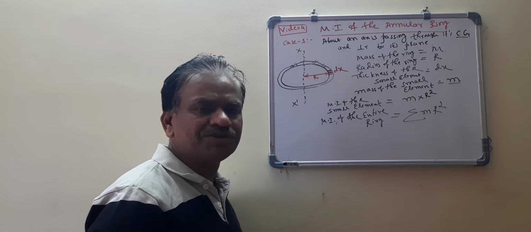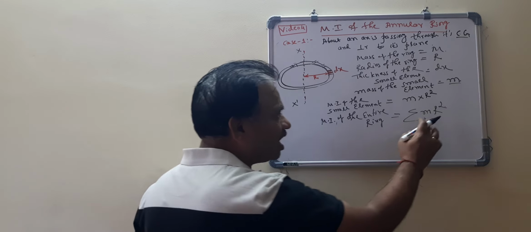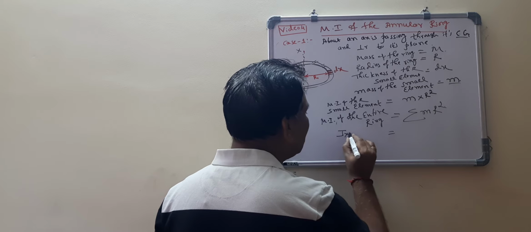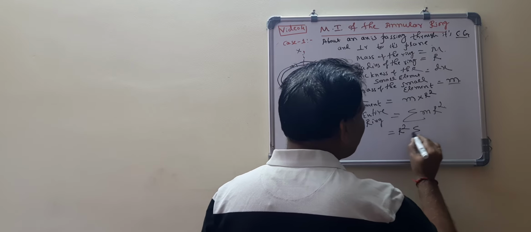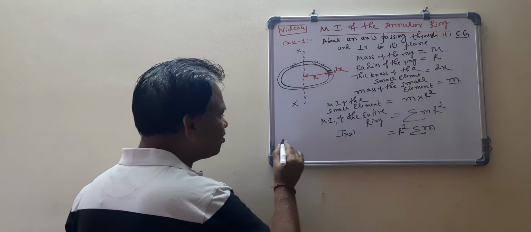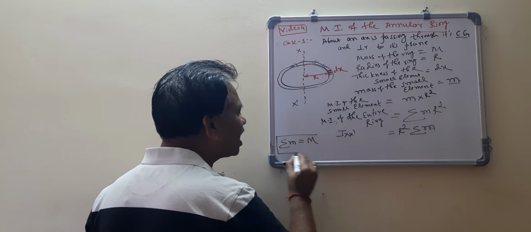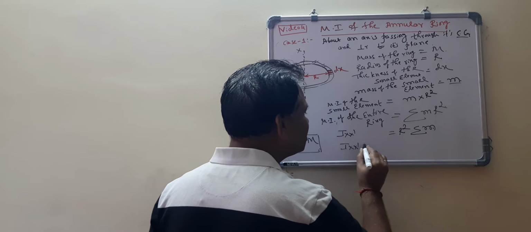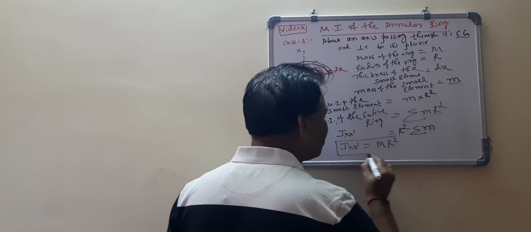The distance between the center and circumference is the same, so R square is constant. I x x dash equals R square into summation of m, and summation of m equals capital M. So I x x dash equals M R square.